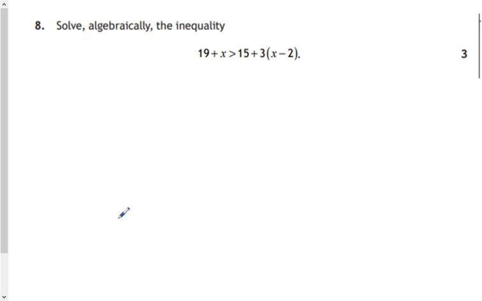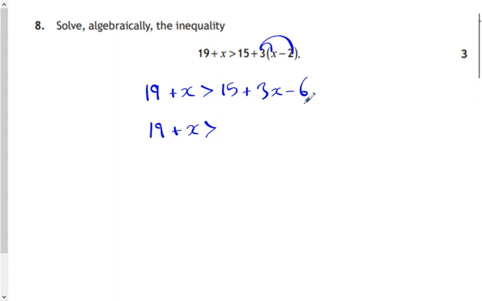Solve algebraically the inequality 19 plus x is greater than 15 plus 3 brackets x minus 2. Worth 3 marks here. So 19 plus x is greater than 15 plus, and we'll break this bracket out, 3x minus 6. So 19 plus x is greater than 9 plus 3x.